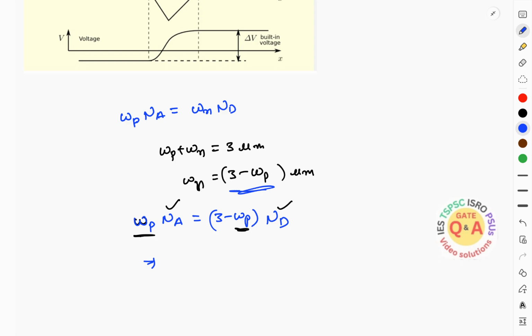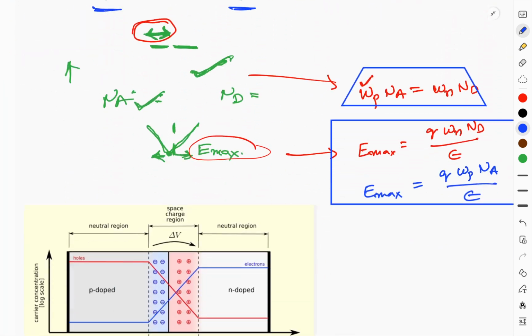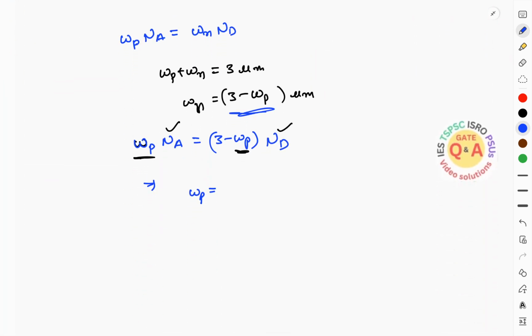By substituting all the values, we get WP as 0.3 micrometer. Then WN is 3 minus 0.3, meaning 2.7 micrometer.